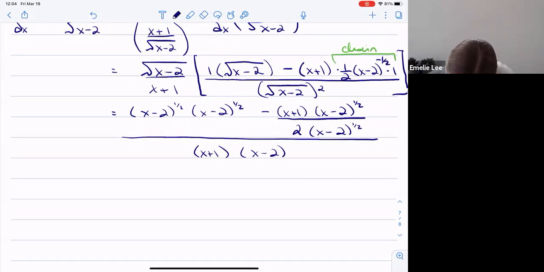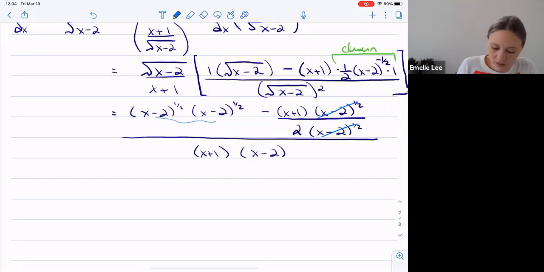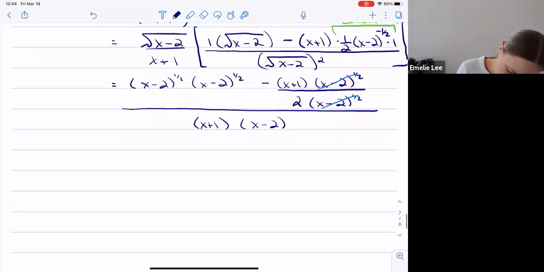All right. This looks better, right? Because now I can just cancel the x minus 2 to the 1/2. There. And I can also simplify this. The root of x minus 2 times the root of x minus 2 is, of course, just x minus 2.